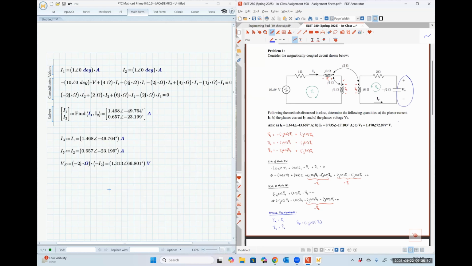So I1 is 1 angle 0, I2 is 1 angle 0, those check out. Negative 10, 4I1, J3 I1, minus J2 I2, J4 I1, minus J1 I1 is equal to 0. That seems to check out.